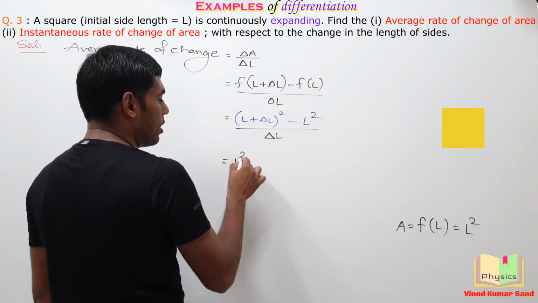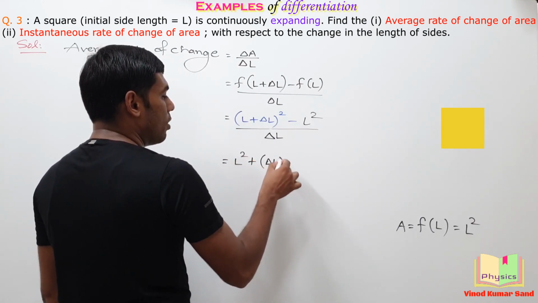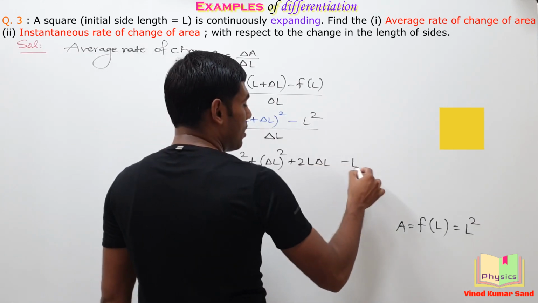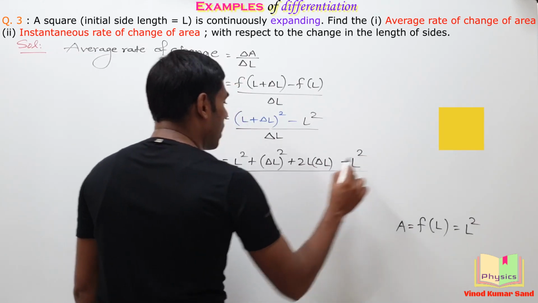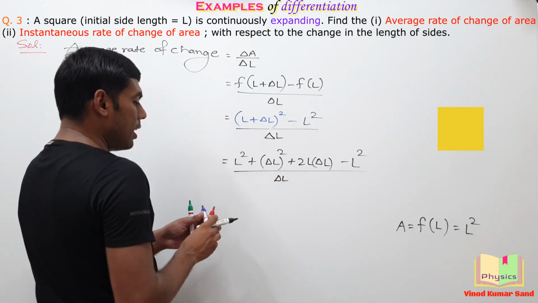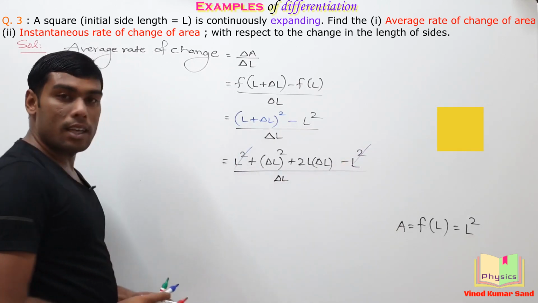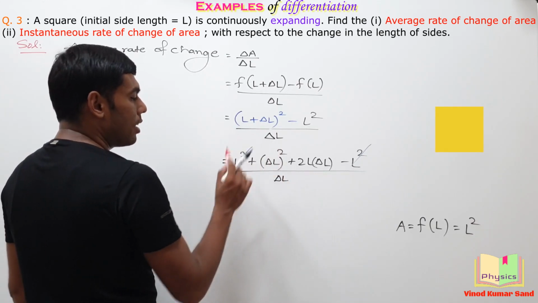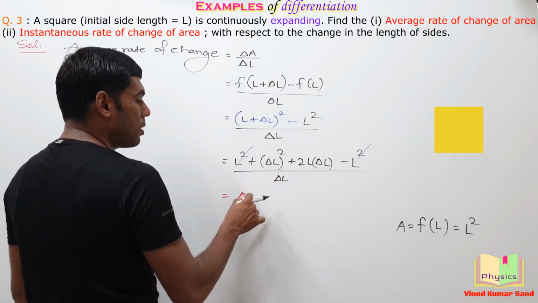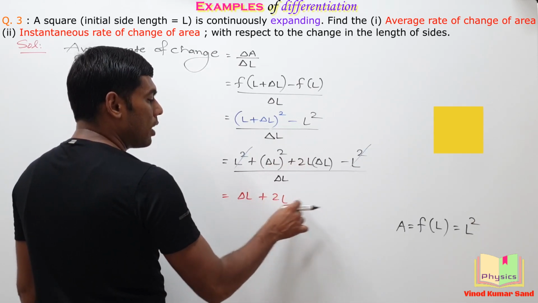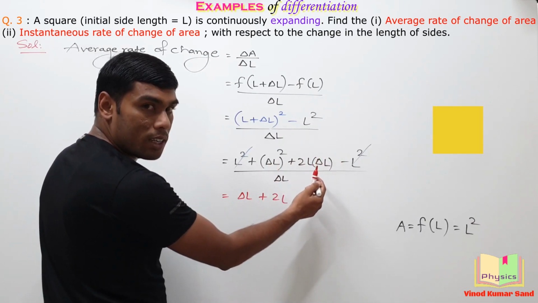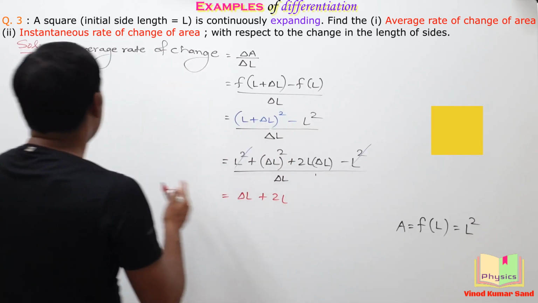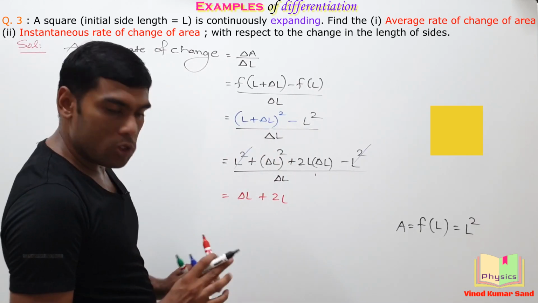So let us write it L square plus del L whole square plus 2L del L minus L square divided by del L. Here the L square and L square is getting cancelled out. Now simplifying it further, this del L and this del L whole square. So what will remain here is del L plus 2L, because this del L and this del L got cancelled out and this del L and this whole square got cancelled out. This is the average rate of change.